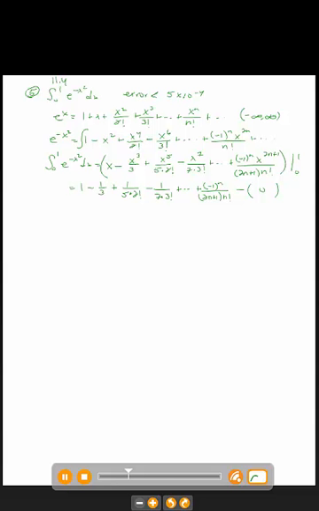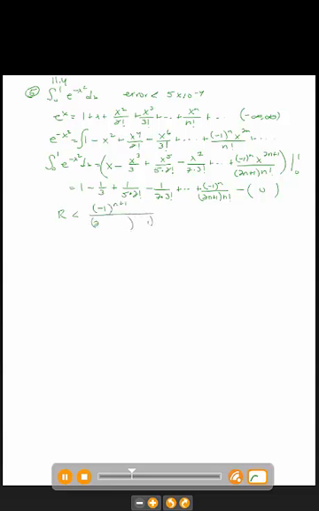Now, because it's an alternating series, the remainder is going to be less than the first neglected term. So the first neglected term, the remainder here, is going to be less than negative 1 to the n plus 1, because that will be the next term.